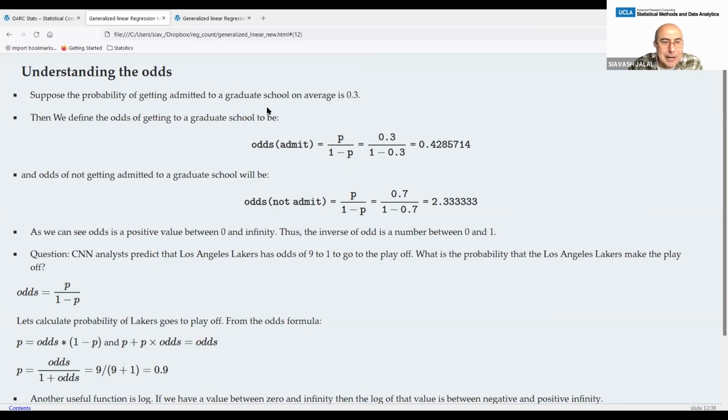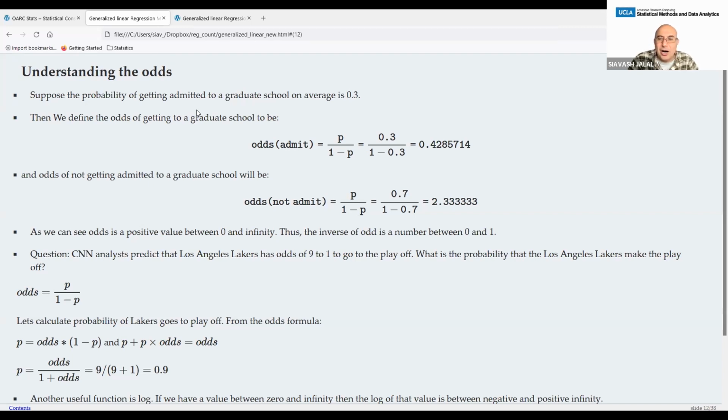So the example I use here, very similar to the regression model from the data we have, is the probability of getting admitted to graduate school. On average, let's assume it is 0.3, right? So if one random student from the population, and we don't know any information about that student, applies to graduate school, the probability of getting admitted is 0.3.